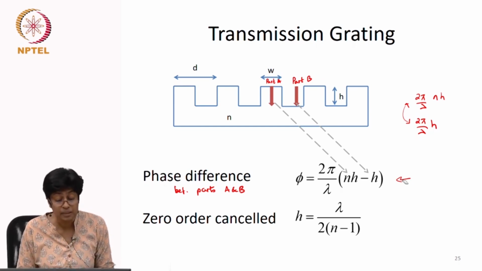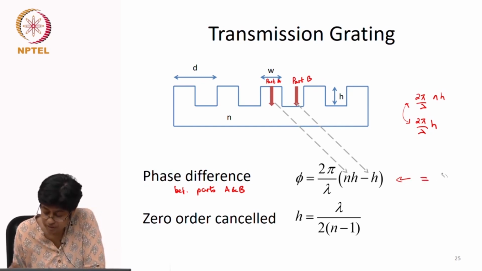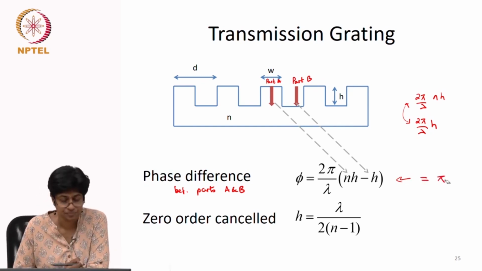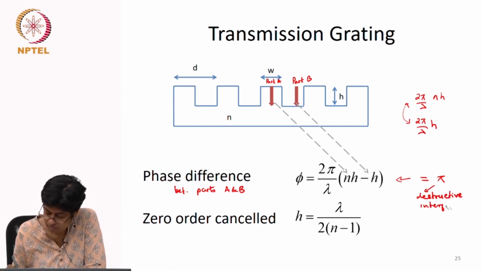And how could I minimize that efficiency? If this phase difference was pi, destructive interference would occur for the 0th order.